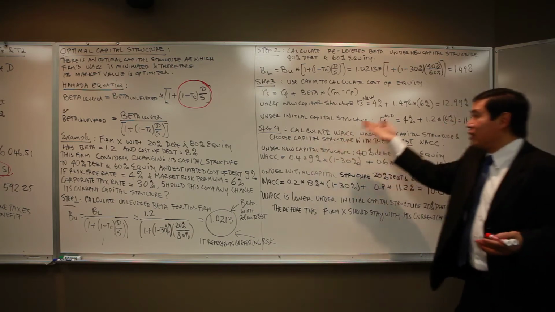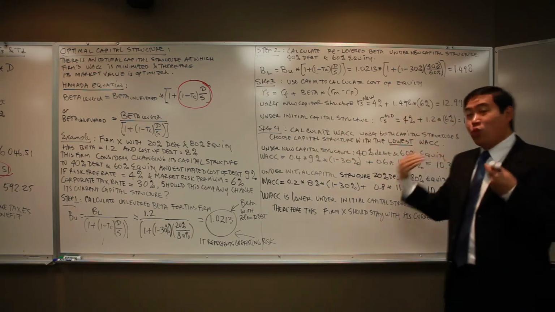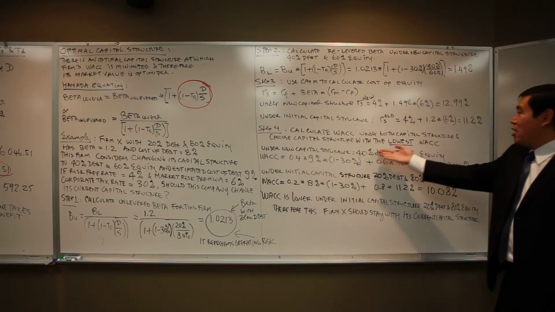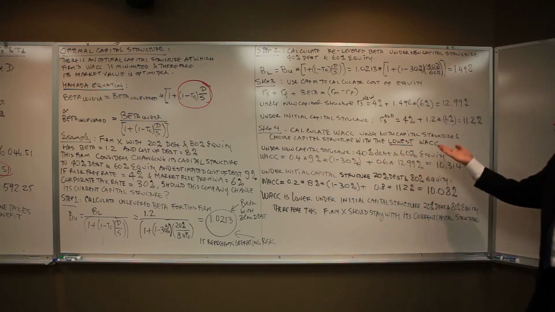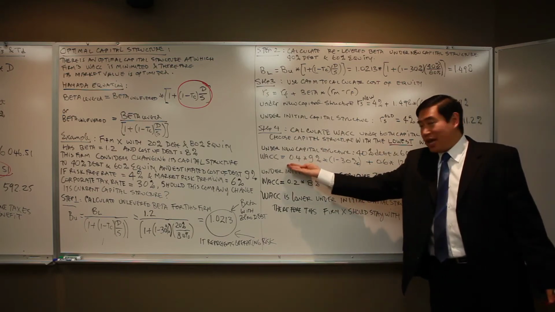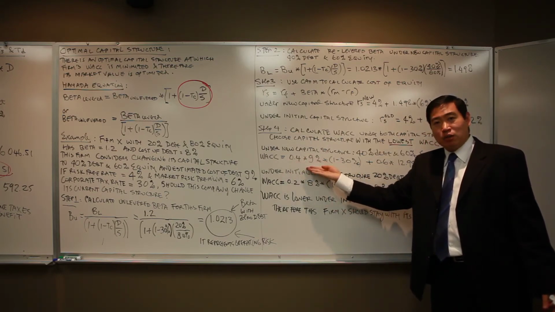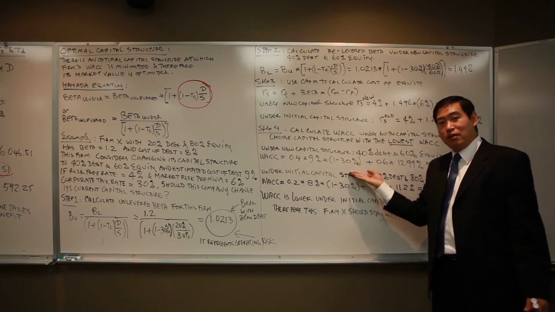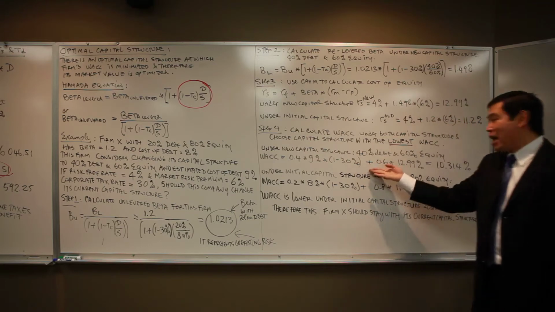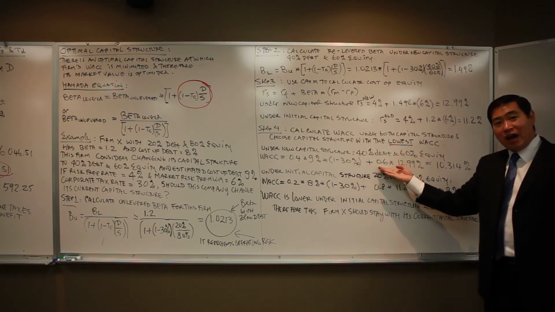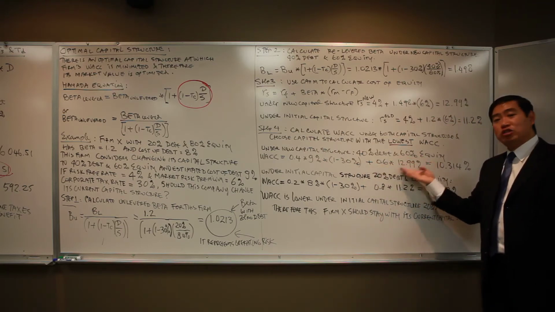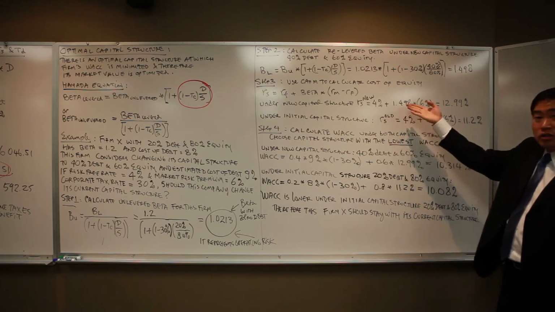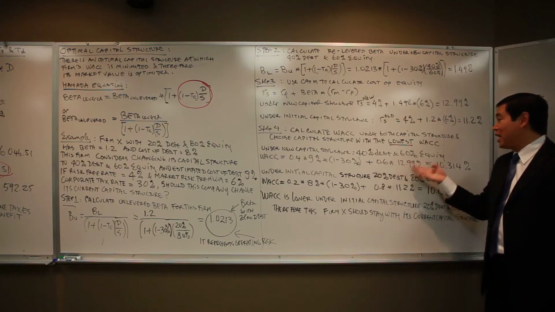So step 4 was to calculate the weighted average cost of capital under these two capital structures. Under the new capital structure, we put 40% debt times 9%, the pre-tax cost of debt, times 1 minus the 30% tax rate, plus 60% equity financing times the required return for equity under this 40% debt structure, which is 12.99%.